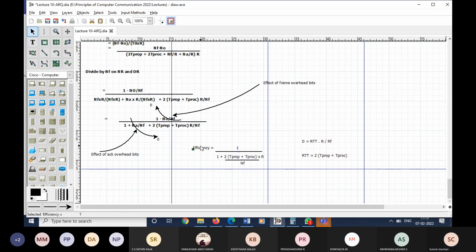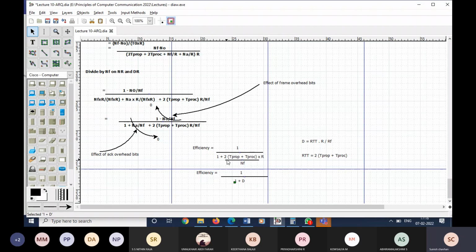So I can rewrite the efficiency formula as 1 divided by 1 plus D. So 2 times T propagation plus T processing is the RTT, right?